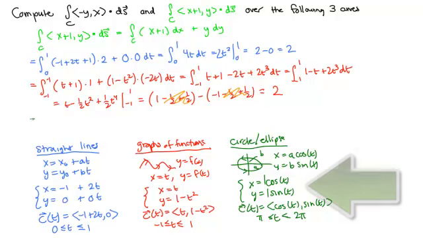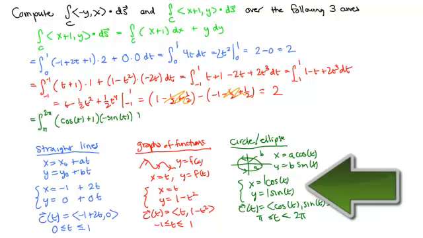Finally, if we integrate along the green curve from pi to 2 pi, we're going to have x plus 1, so the cosine of t plus 1, times the derivative of x, which will be negative sine of t, plus y, which is the sine of t, times the derivative of y, which is cosine of t, dt.